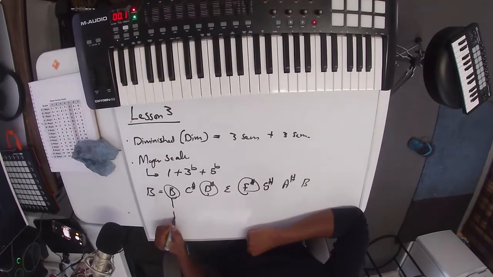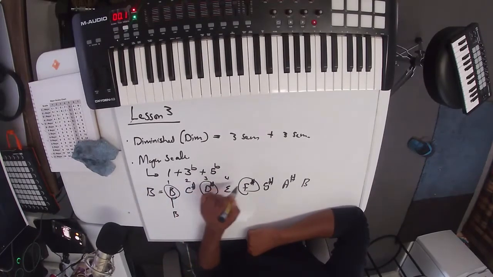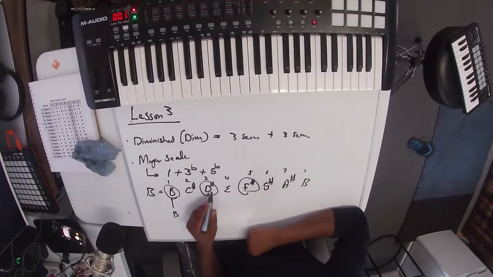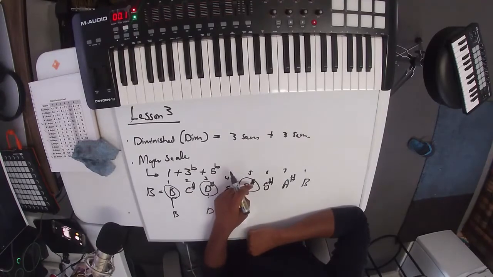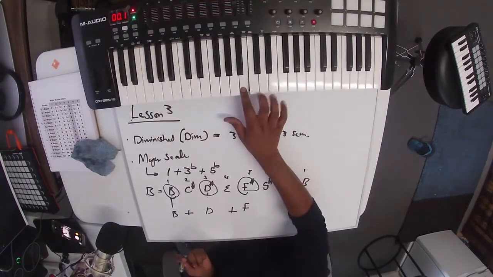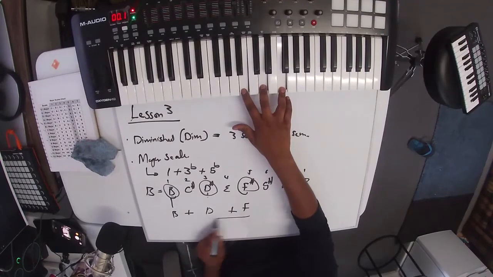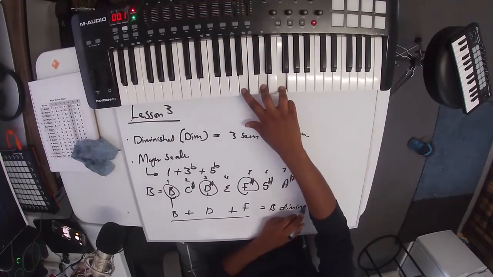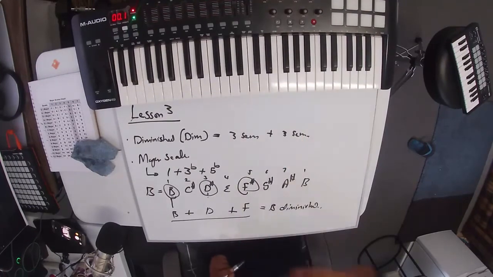You play the 1, which is B. The 3, which is D sharp, you flatten it and it becomes D. The 5, F sharp, you flatten it and it becomes F. So B plus D plus F, you get that B diminished. All right.